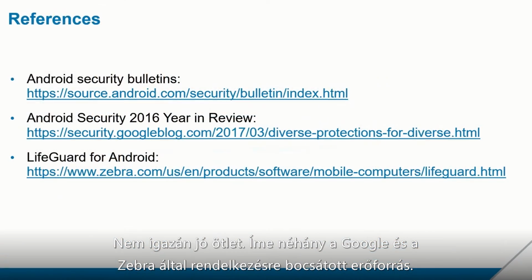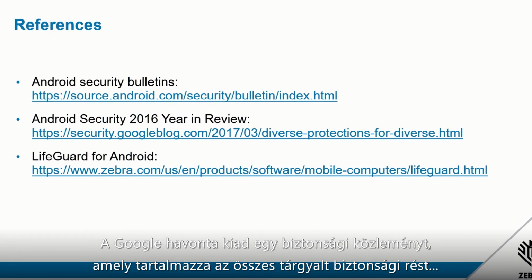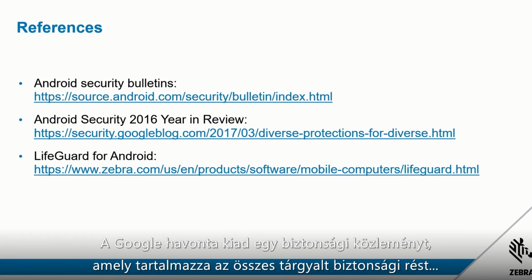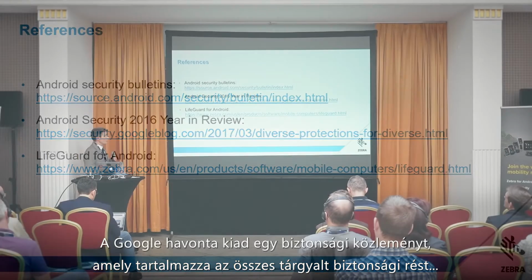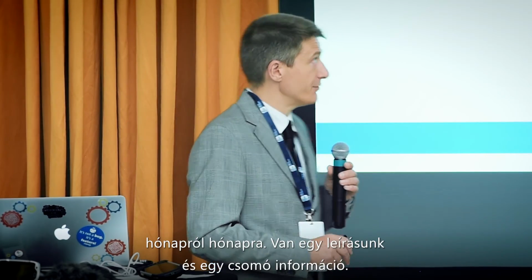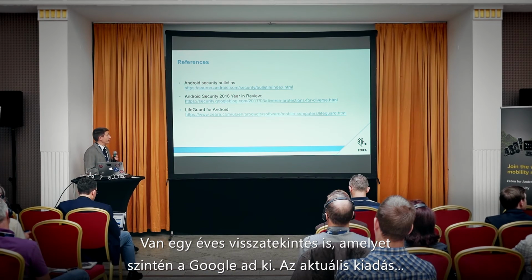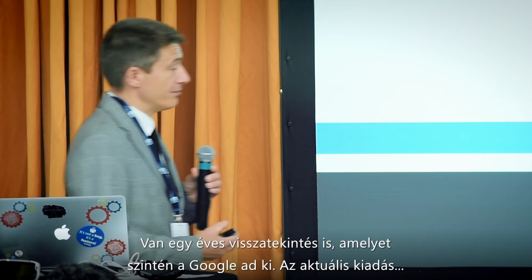So these are some of the resources made available by Google and Zebra. Google releases a monthly security bulletin with all the vulnerabilities it is covering month by month, with a description and a lot of information. There is a year in review, released again by Google.